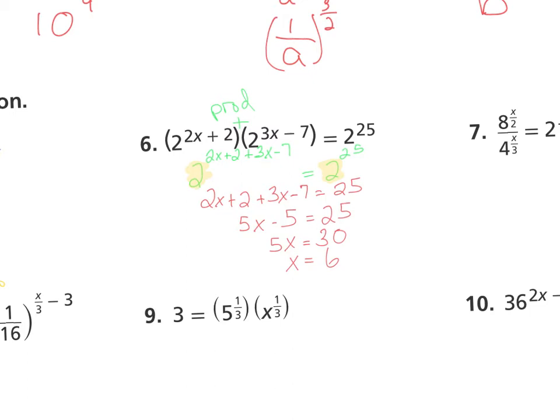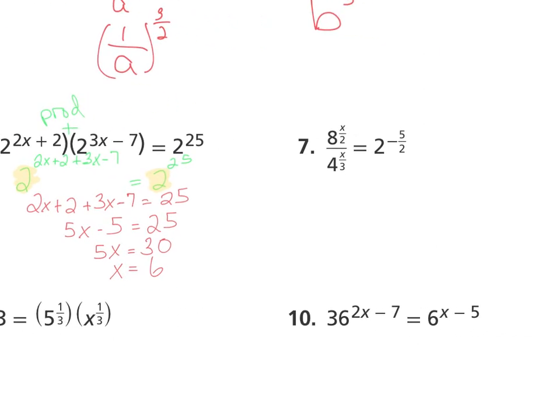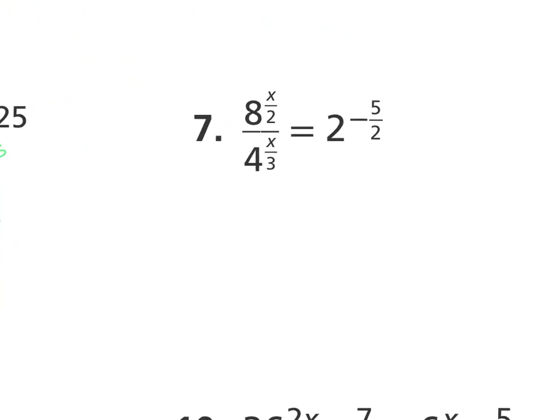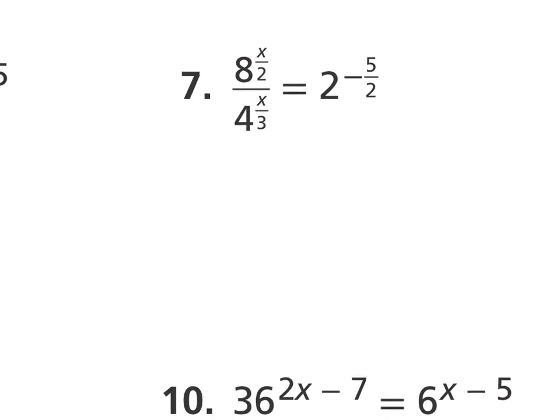Let's come down to some of these that are a little bit different. Oh, I'm going to do number 7. I lied. I like number 7. That looks fun. So we have our quotient of powers here. First thing I have to do is rewrite all of these in base 2.